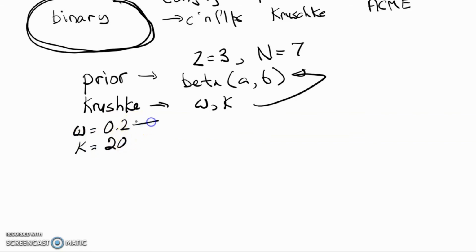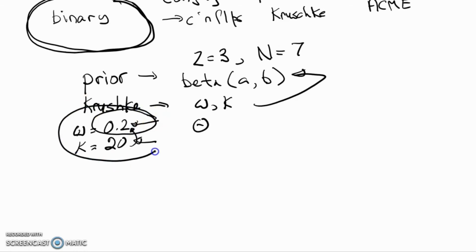So this means my best guess of the mode for the distribution of theta is 0.2, and the concentration is 20, which means, not in any exact sense, but approximately, how much confidence do I have that the mode is equal to 0.2? About as much confidence as I would have had I tossed the coin 20 times and used those data to arrive at a value of 0.2.